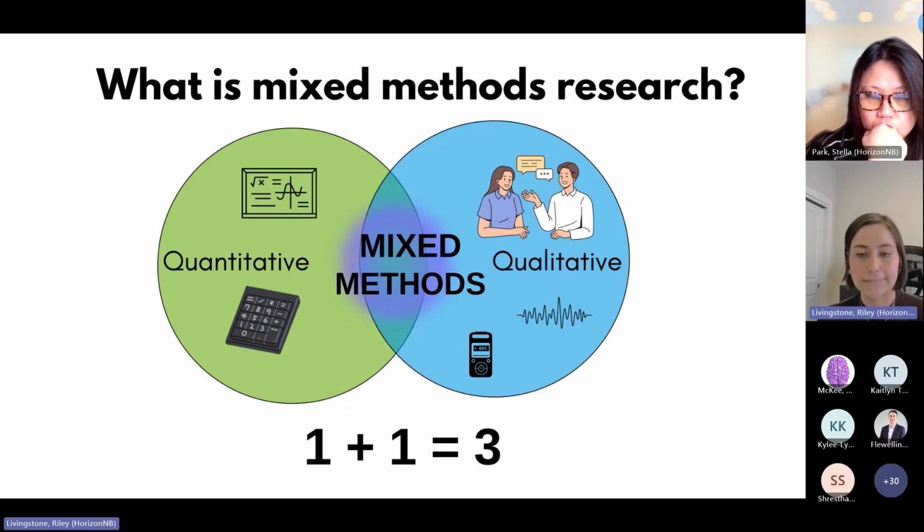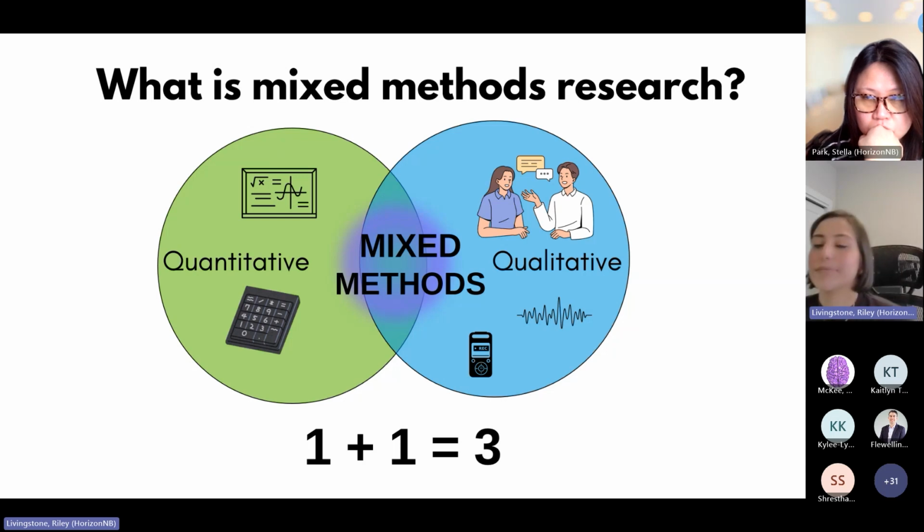Now, in healthcare research, it's quantitative methods that are commonly used to assess interventions, like whether a treatment improves health outcomes. However, these numbers may not tell the whole story. For instance, in a study evaluating a new diabetes self-management program, quantitative data might show that key health markers and medication adherence improved overall over the study period.